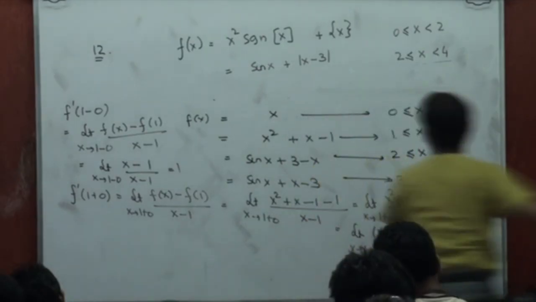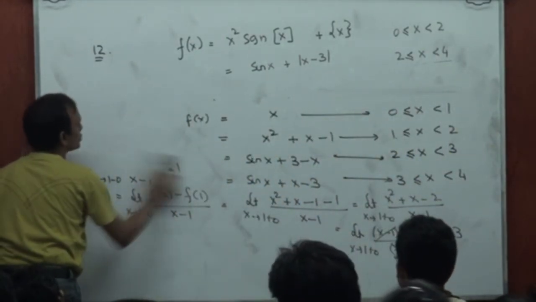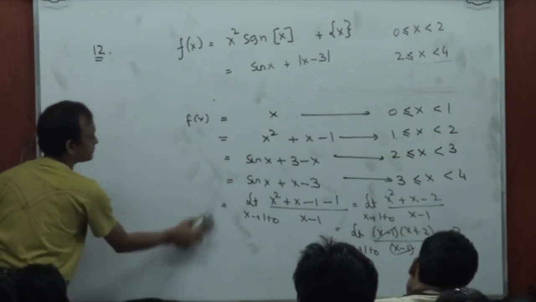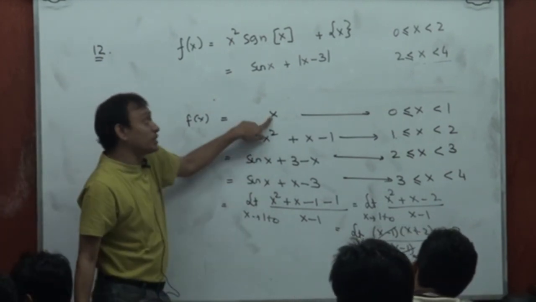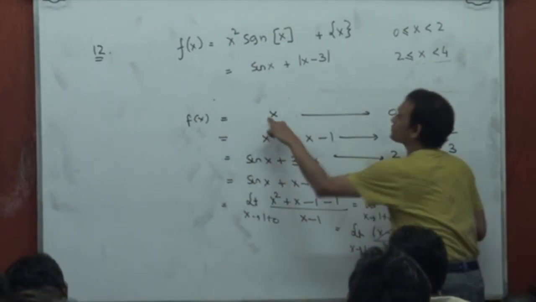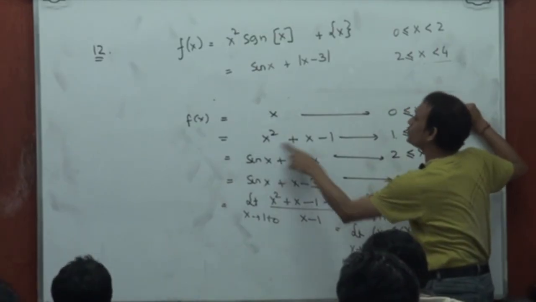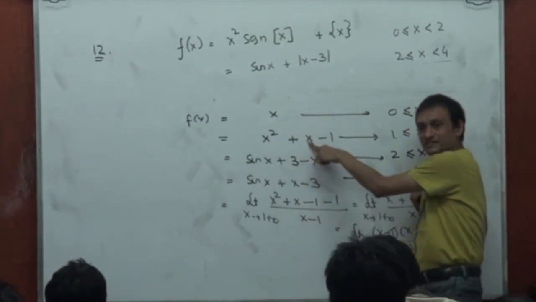Now, one of the things that you could have done, I deliberately chose to do this using first principles, but you could have done the following as well. Once you establish that it's continuous at x equal to 1, f dashed x would have been 1 to the left of 1, but f dashed x would have been 2x plus 1 to the right of x equal to 1.